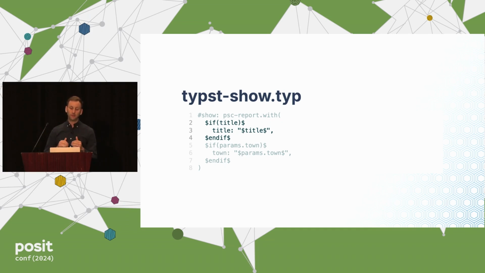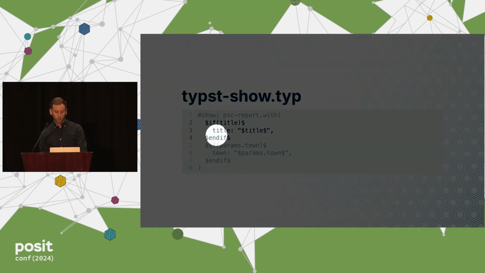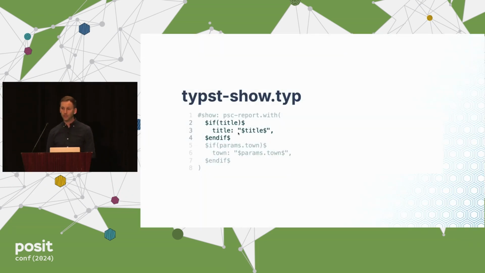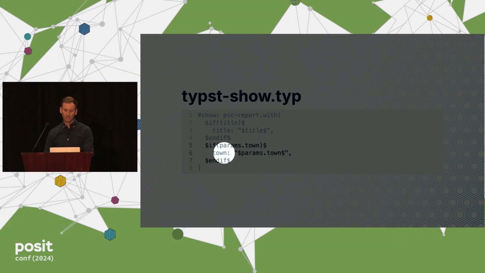So I'm saying if title, in other words, if there is a title in my Quarto document, which there was, it was called Housing Data Profiles, then on line 3 here, we're creating a variable called title that gets the value of that title from Quarto. So we're basically passing it from Quarto to Typst. Same thing with the parameter of town. So if params.town exists, then we pass it to Typst as town.